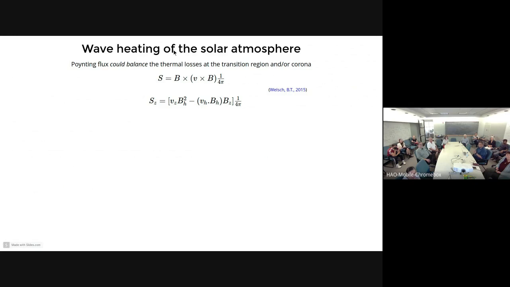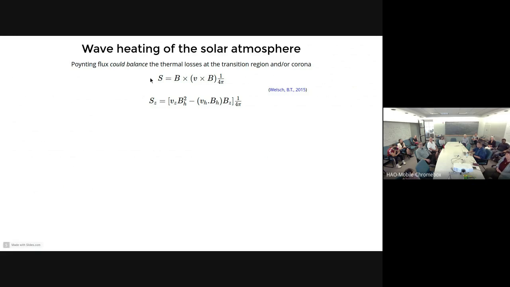A very common ingredient for wave heating models is that the convective motions down in the photosphere perturb the magnetic fields, and these transverse perturbations propagate along the magnetic field, process through different layers of the solar atmosphere, and eventually dissipate, heating the solar atmosphere as well as powering the solar wind.